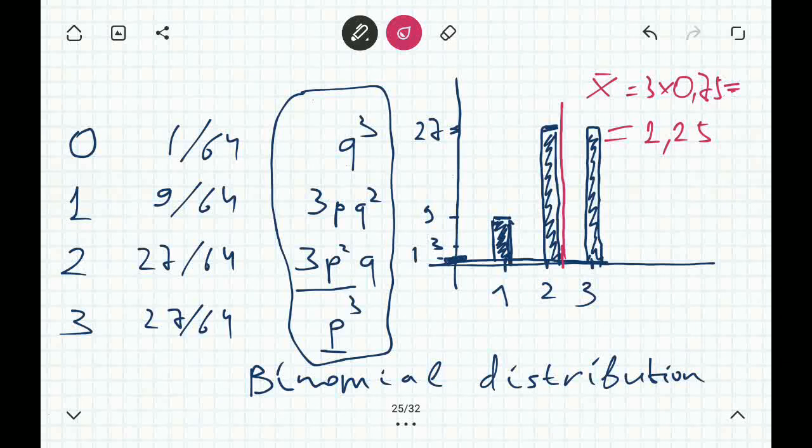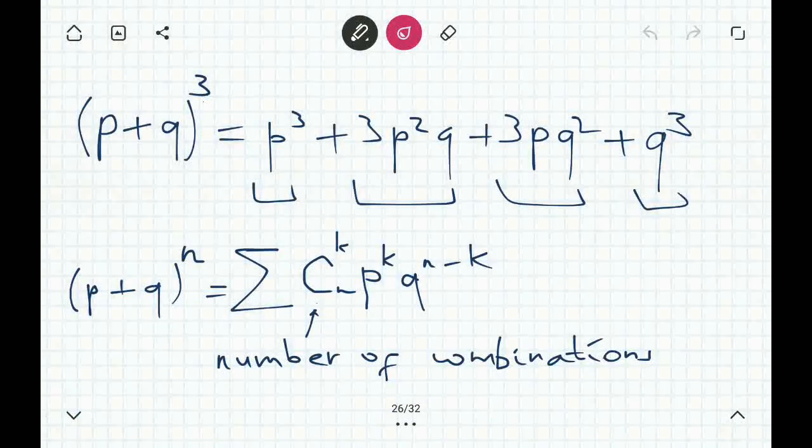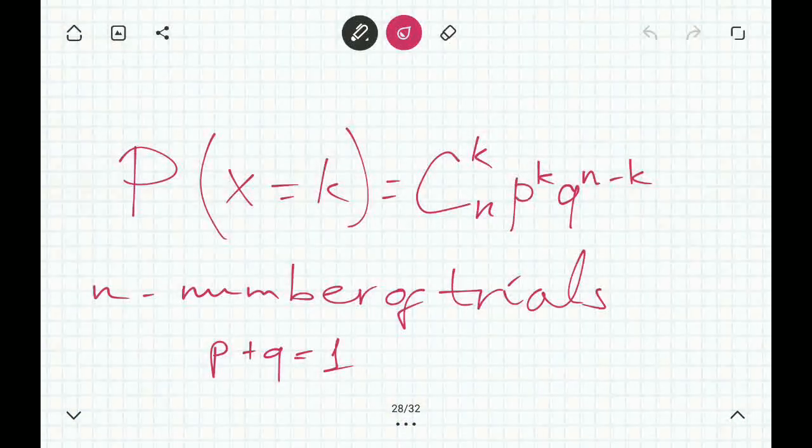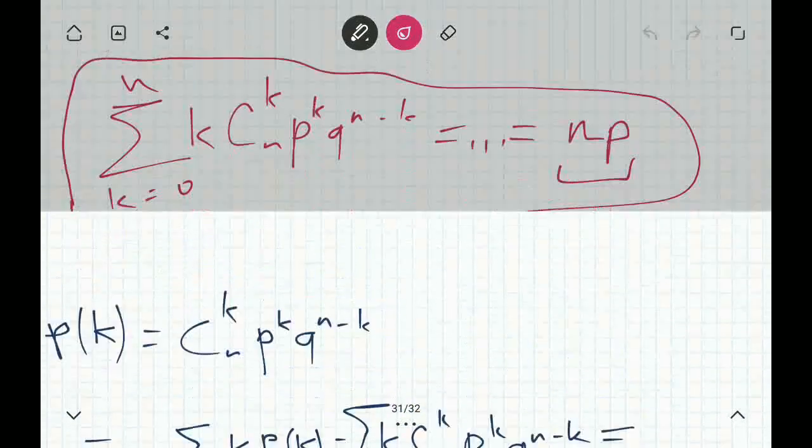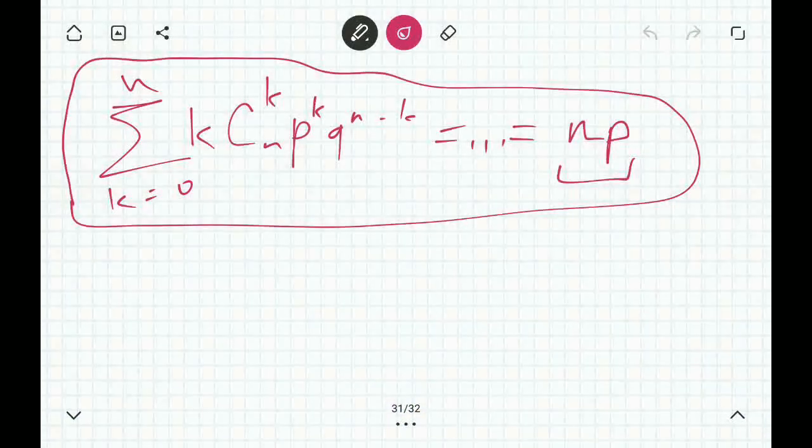Seems legit, looks alright. And the variance is approximately 0.56. And you can use that everywhere. Again, if you have binomial distribution, then here are your formulas.